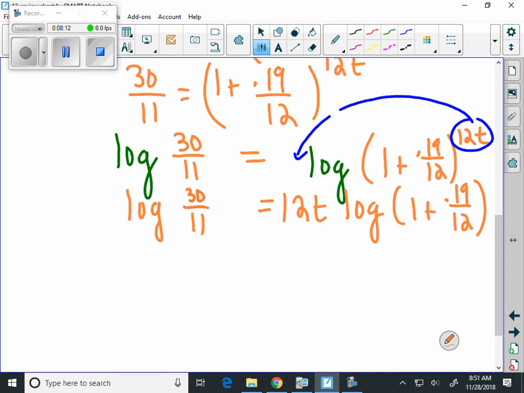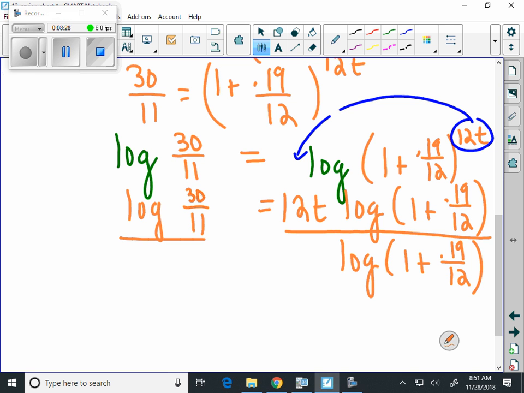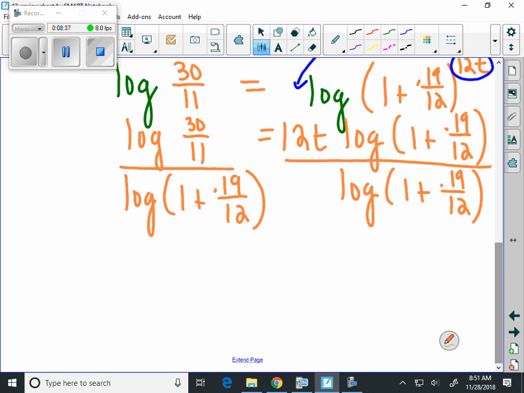What we're going to do, it's 12t times the logarithm, so we're going to divide by the log of 1 plus 0.19 divided by 12. If we divide this side by that, we're going to divide this side by this: 1 plus 0.19 divided by 12. So we're going to type it in.